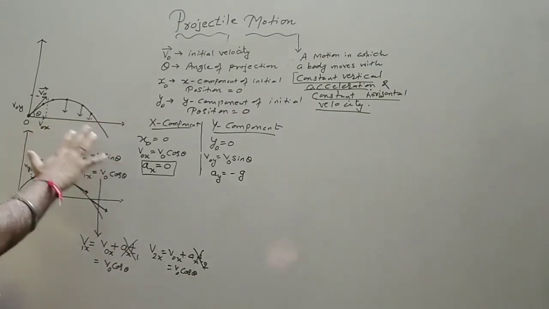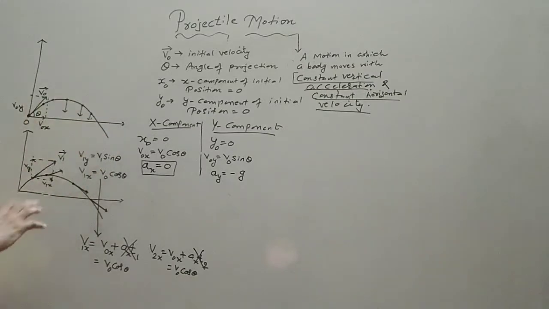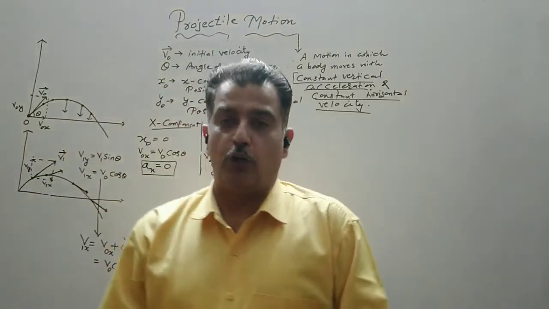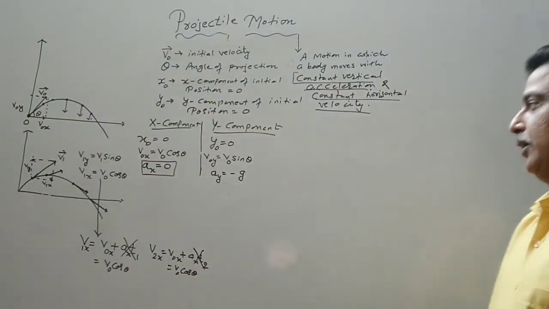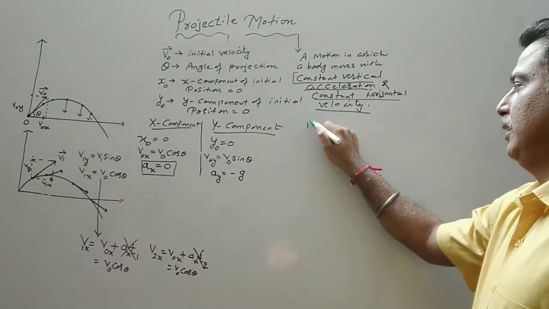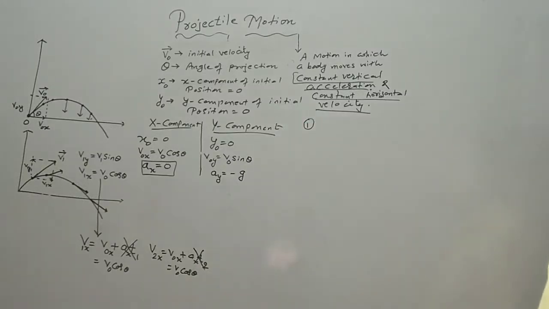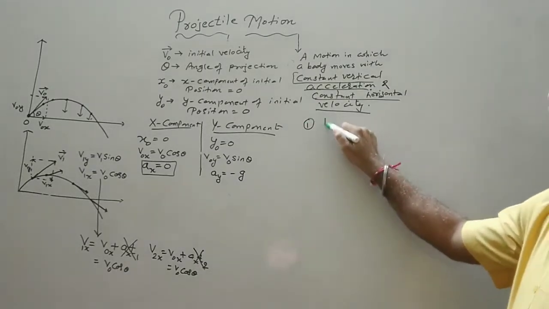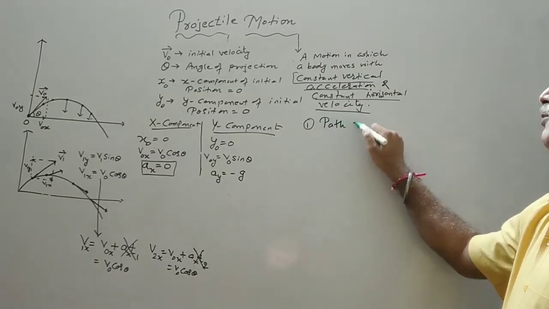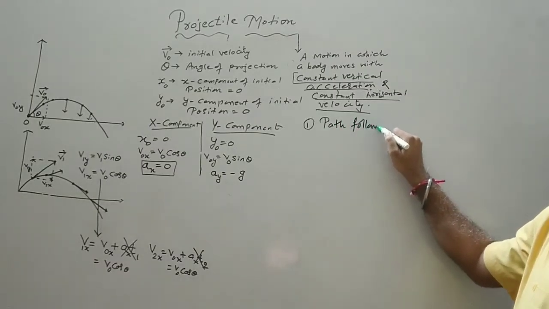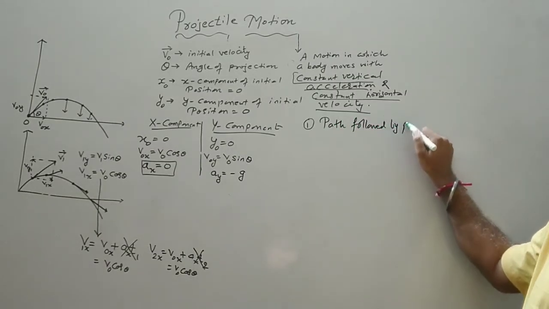Now by common sense we know that it will follow a parabolic path. Such path is known as a parabolic path. But let us try to find out mathematically that it will follow a parabolic path. So the first subtopic related to the projectile motion is path followed by projectile.